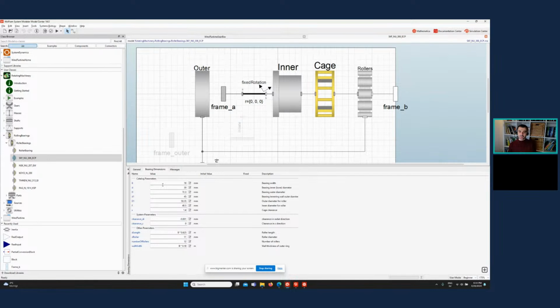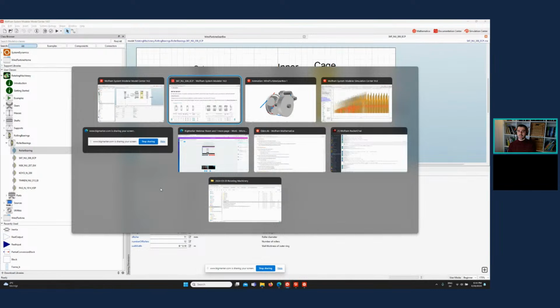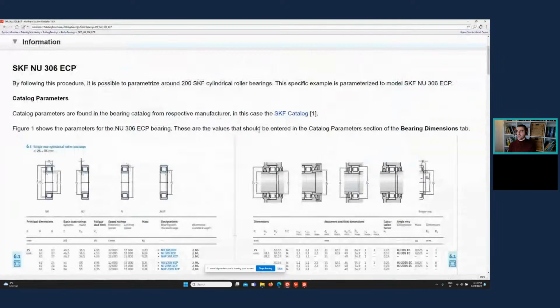After reading those, you will set those parameters to get your specific bearing, and then you will get your custom bearing. If you don't have any of the bearings among the five we have to show, you can just follow the same workaround, find the catalogs and the parameters, and register that.